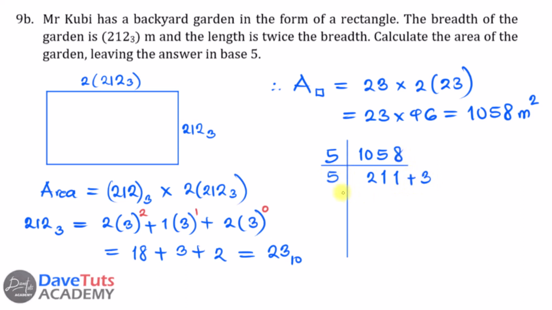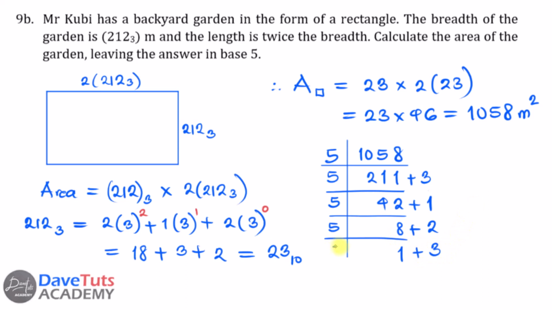Again, we are using 5 to divide this. 5 in 21 is 4, 5 times 4 is 20, remaining 1. 5 in 11 is 2, with a remainder of 1. Again, 5 in 42 is 8, 5 times 8 is 40, remaining 2. 5 in 8 is 1, 5 times 1 is 5, and we have 3 as a remainder.